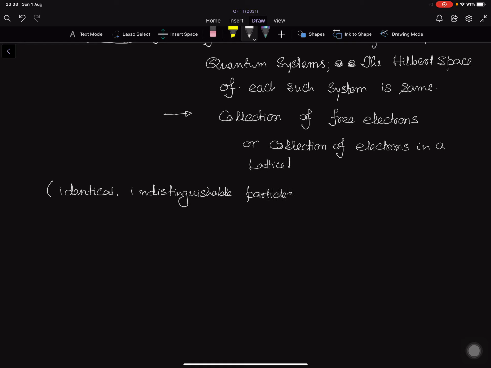We'll come to it in a future lecture, but at this point we just try to understand what happens, forgetting about this feature, whether we can distinguish two such quantum systems.